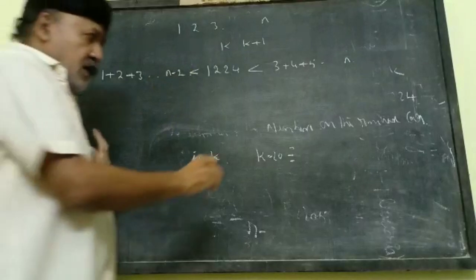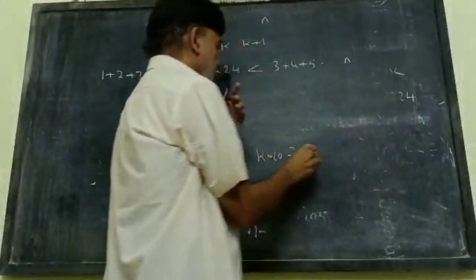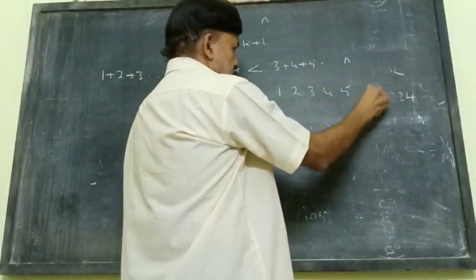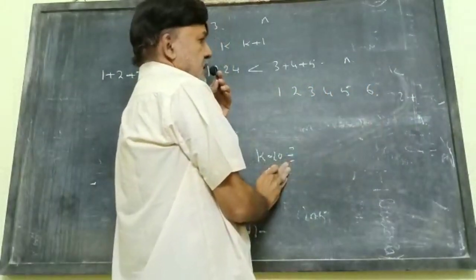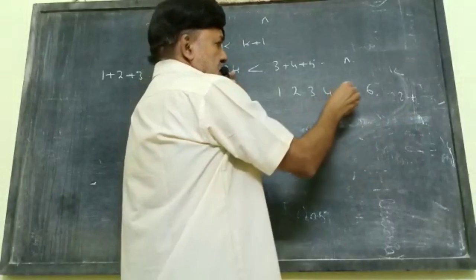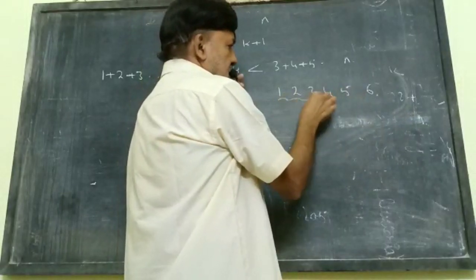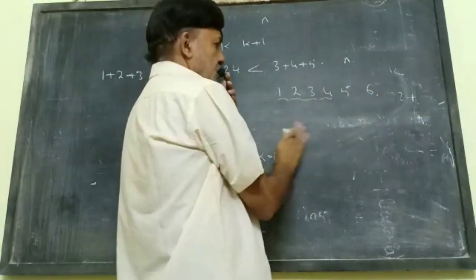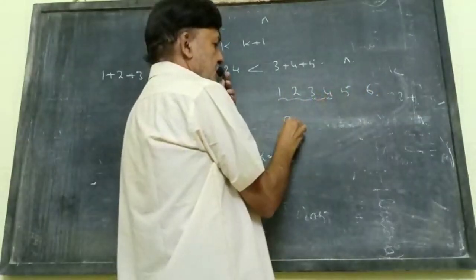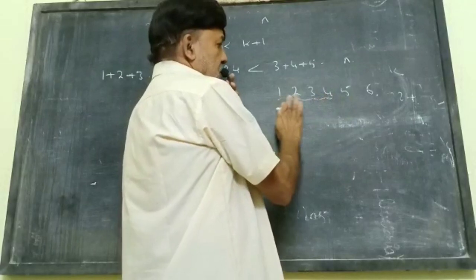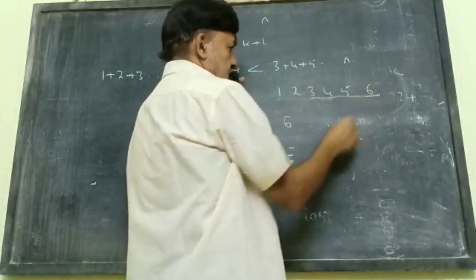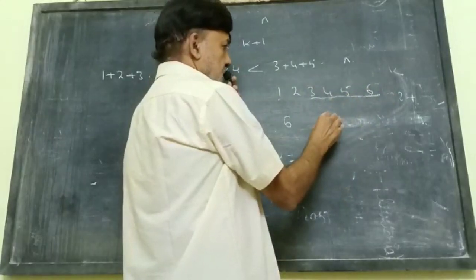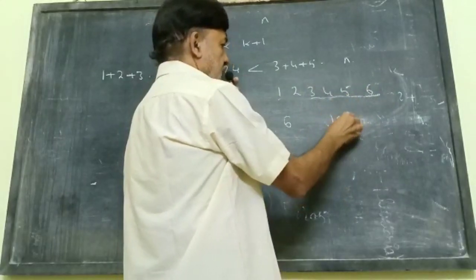See, what I mean to say is like this. Let us say you have 1, 2, 3, 4, 5, 6. If you remove 5 and 6, the sum is 1 plus 2 plus 3 plus 4, which is 10. If you calculate the full sum, it is 21 in total.